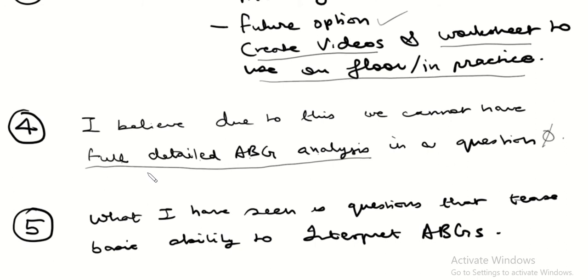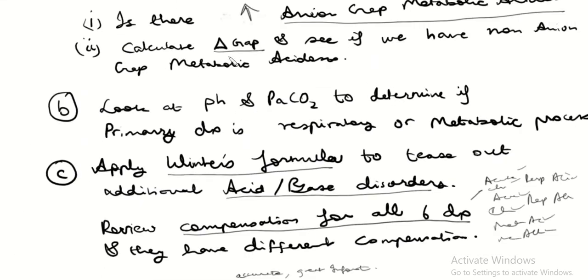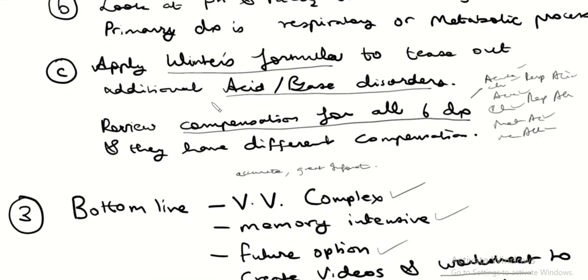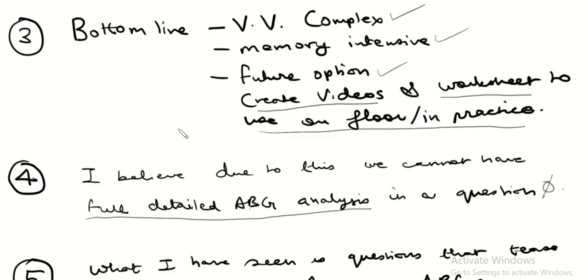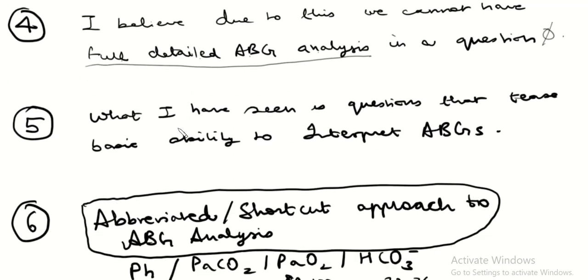It is way complex. If you are doing it, my question is, has your instructor taught you how to do delta gap? Has your instructor taught you how to apply Winter's formula for 6 different types of compensations? They're all different, and they are extremely complex. And if they haven't, and they're expecting you to do it, there's a mismatch there.